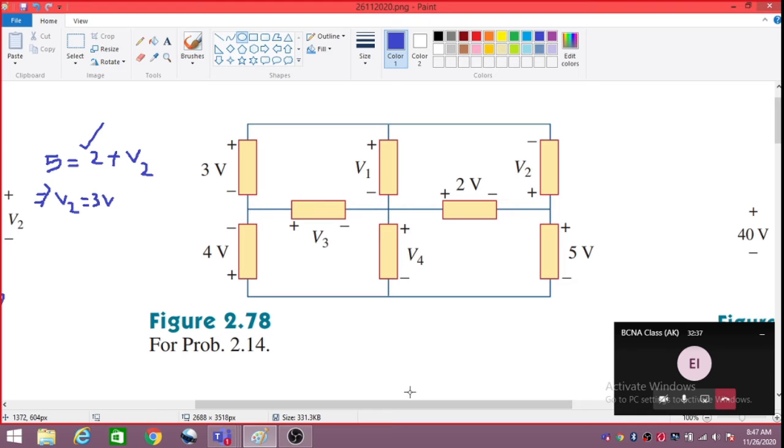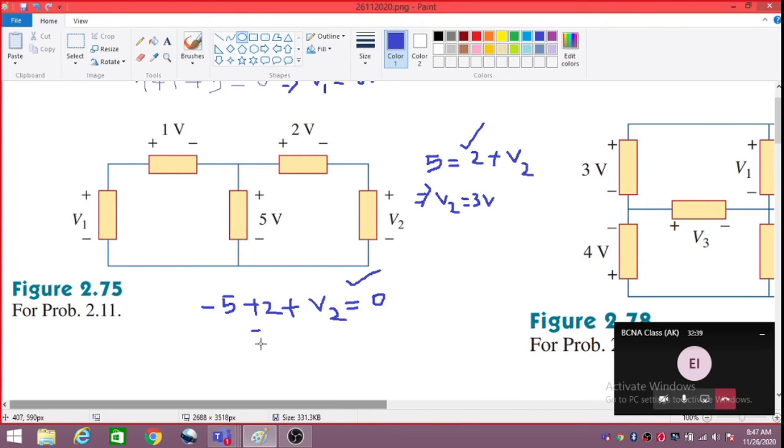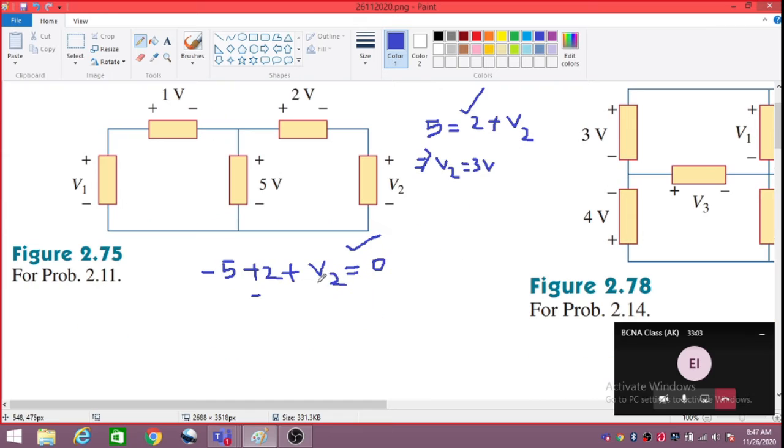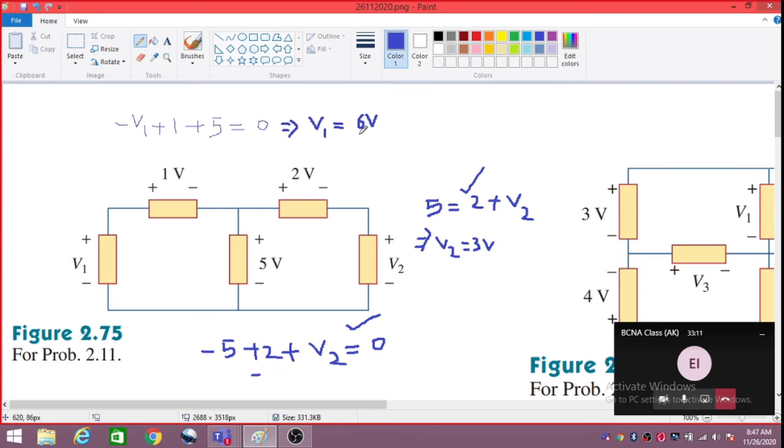In all these 9 loops, in this circuit also there are 3 loops. One is this, one was this, so I have used 2 loops. I could have used this loop also. You can verify the Kirchhoff voltage law in the bigger loop also. So minus V1, what was V1? V1 was 6 volt, we found it to be 6 volt.